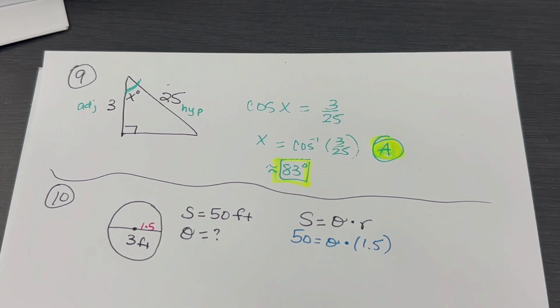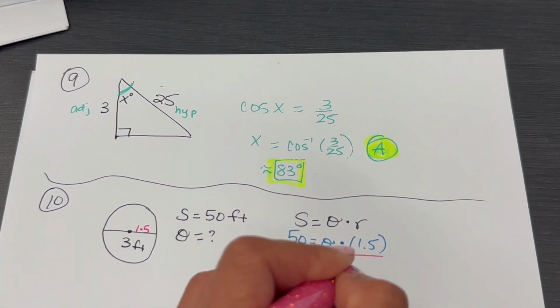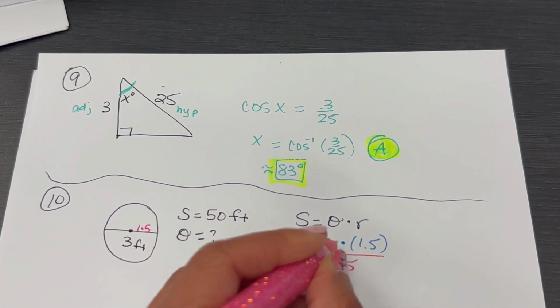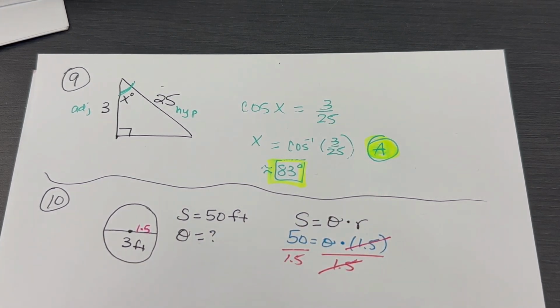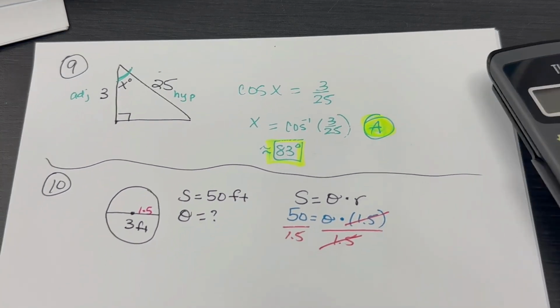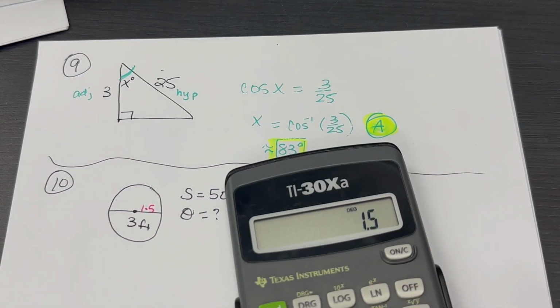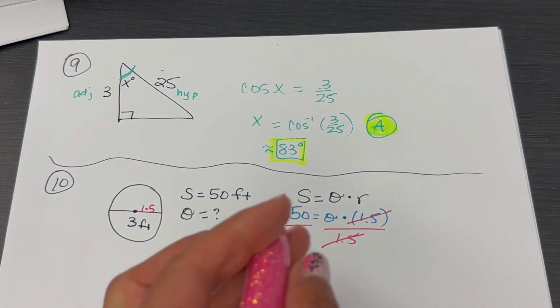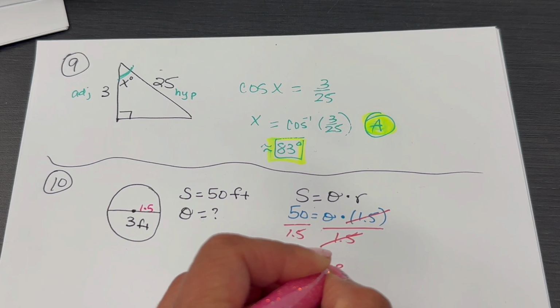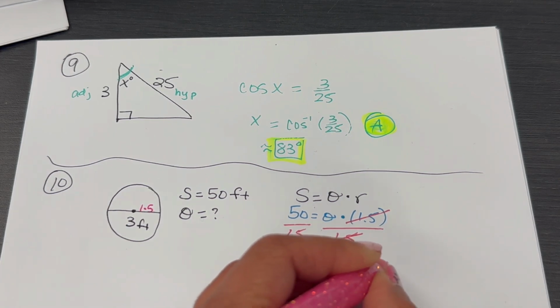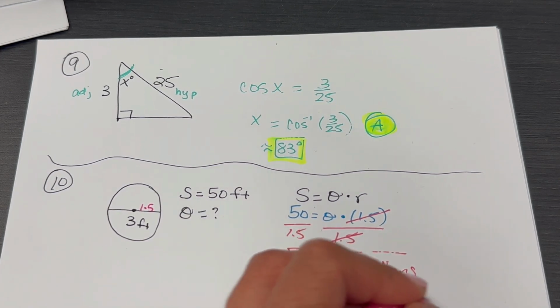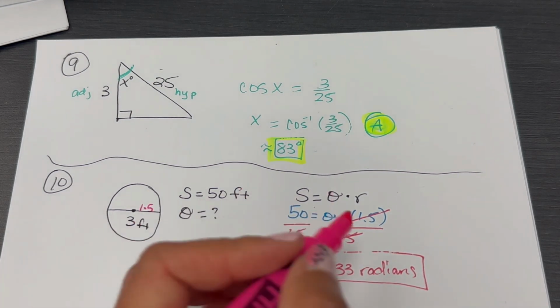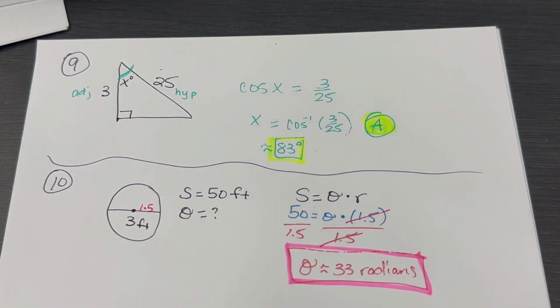To solve for theta, I'm going to divide both sides by 1.5 to undo that multiplication. In my calculator, it's just 50 divided by 1.5, which is 33.33. It said round to the nearest whole number, so theta is approximately 33 radians. And 33 is what you would type into the box. That's number 10.